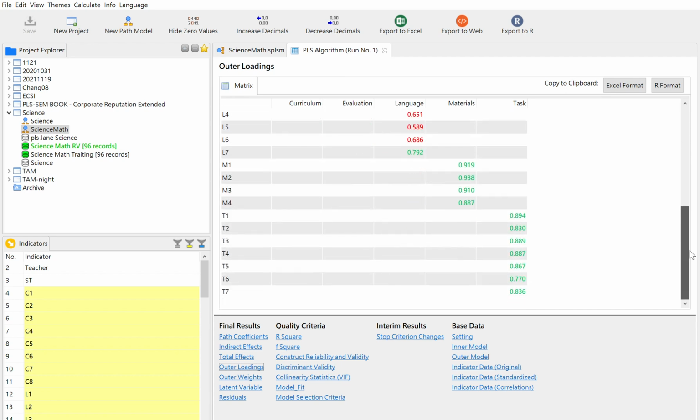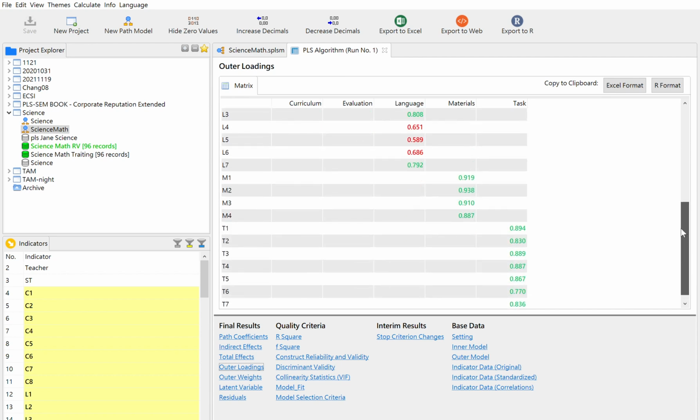There were just three indicators that are below 0.7, and I have explained that these 3 indicators are fairly important in terms of content validity, so we intend to keep them.